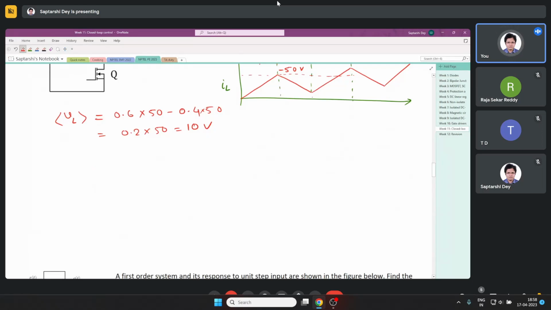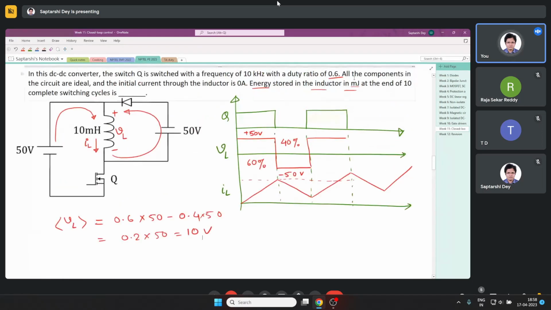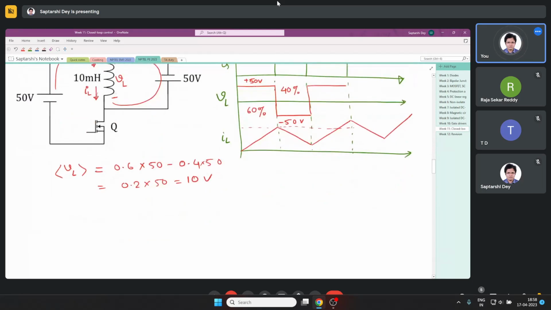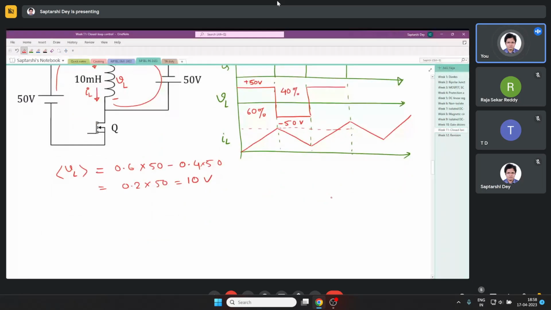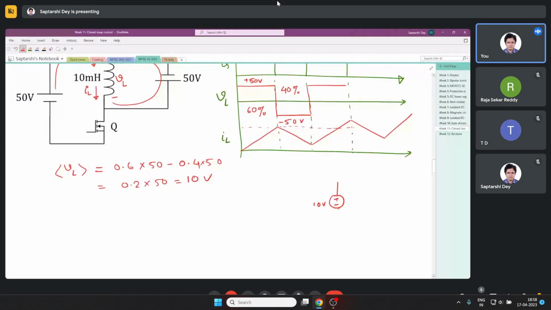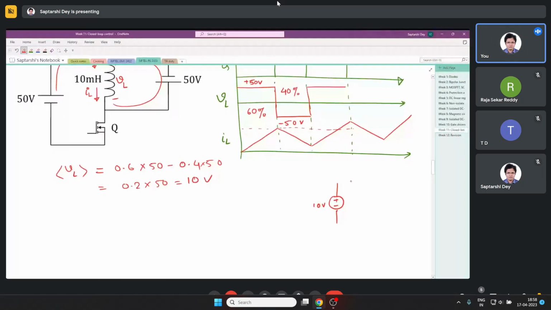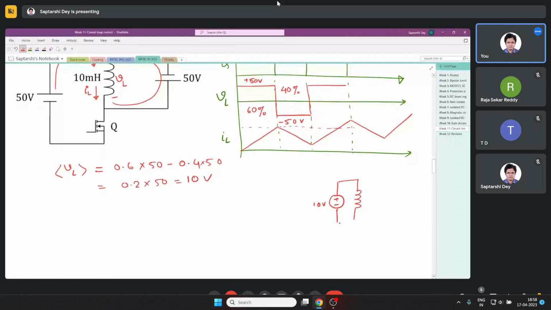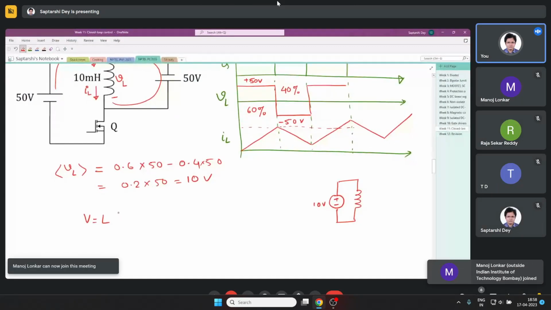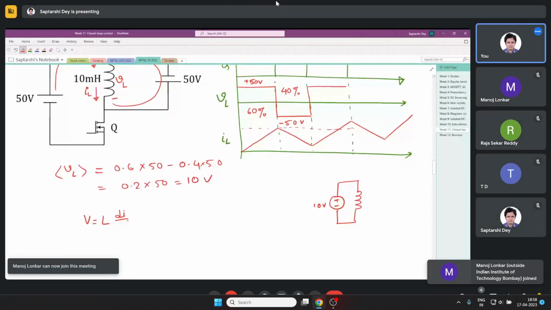Since we have been asked to find the energy at the end of complete switching cycles, our job is made easier. This is the circuit. So what is V? V equals L di/dt.